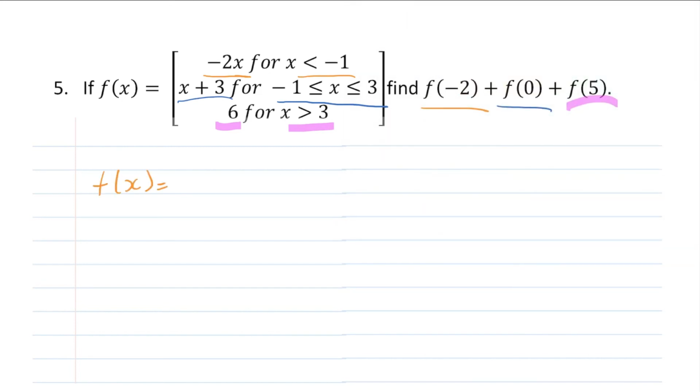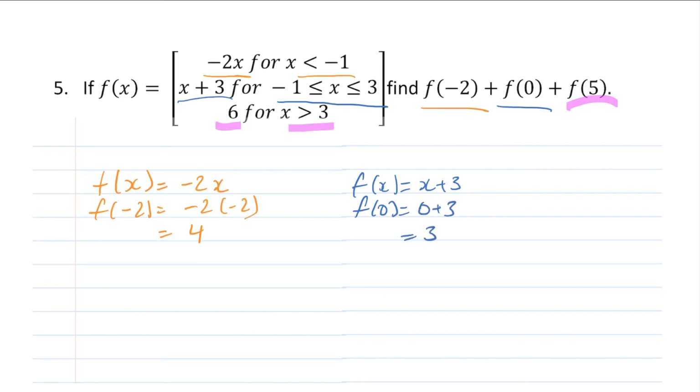So for f of minus 2, I'm going to be substituting into f of x is equal to minus 2x, and my answer is 4. For f of 0, I'm going to be subbing it into f of x is equal to x plus 3. Okay, for f of 5, I'm going to sub it into f of x is equal to 6.